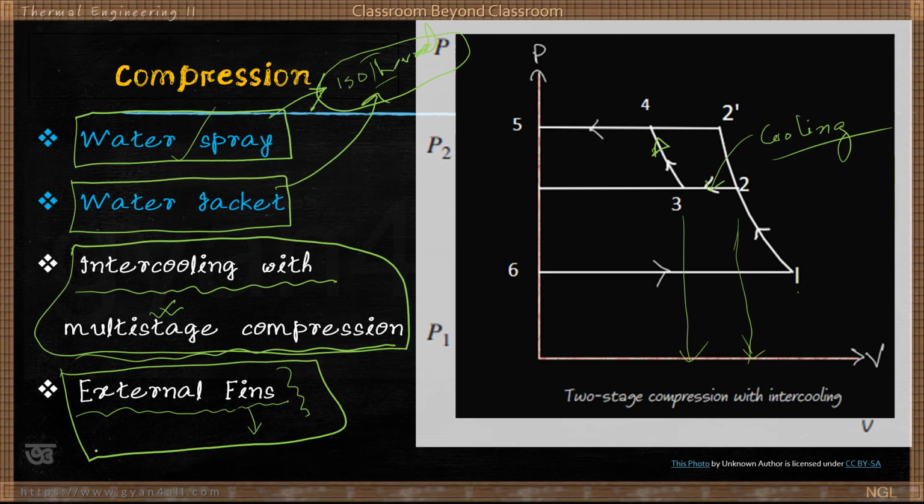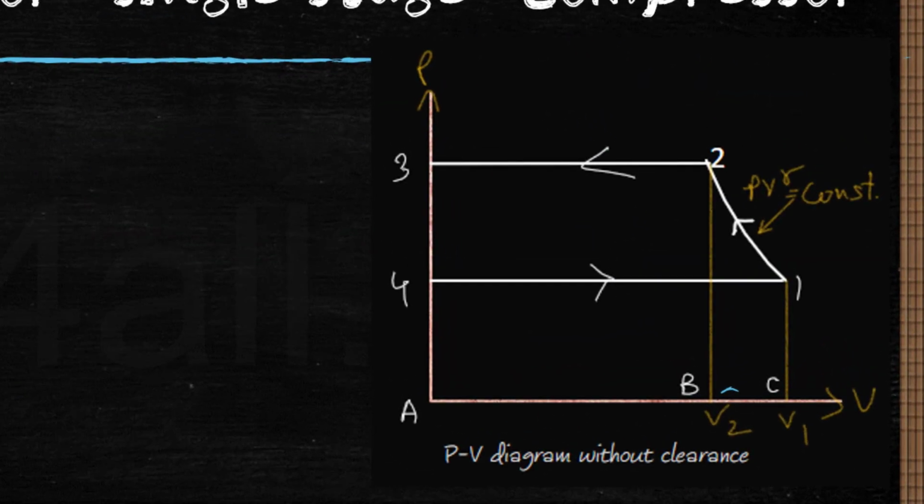The only thing is that the cooling may not be as effective as water spraying or water jacketing, but it is also a cooling system. So this way we can run compressors by intercooling, by water jacketing, by water spraying, or by using external fins.